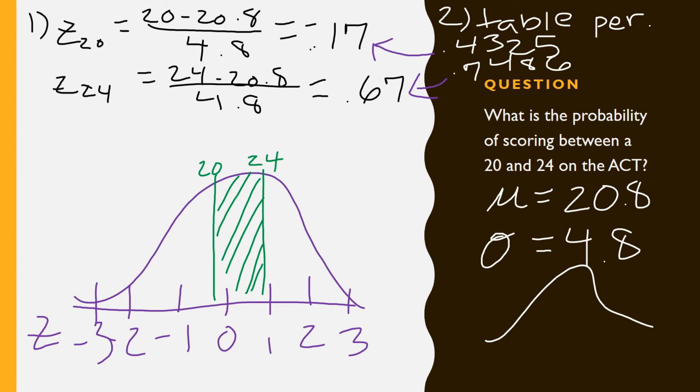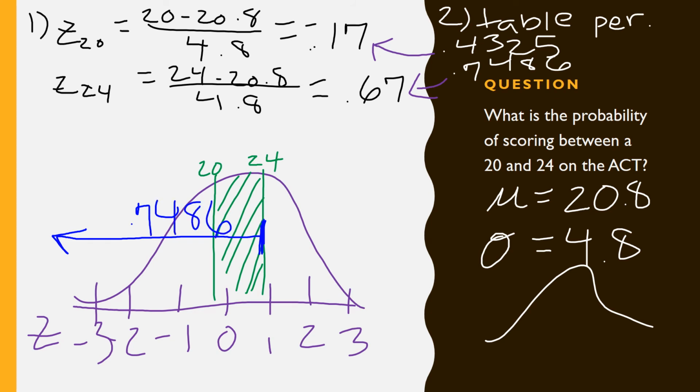So the 0.7486, let's do this in blue. It's from the 0.67, so it's from this line. This is our 0.67 z-score, all the way to the left. So this whole thing is 0.7486.